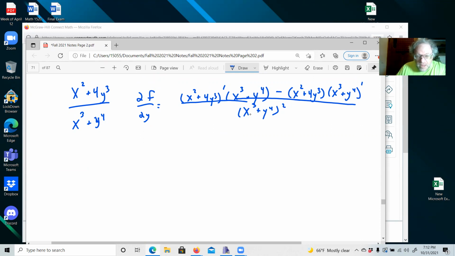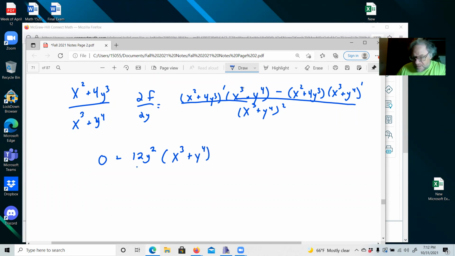Okay. So go ahead and take this derivative. We have 2x. Oh, no, we don't. This is with respect to what? This is with respect to y. So this x squared, that's a 0 if we take that derivative. Plus, we have a 12y squared, times x cubed plus y to the fourth.